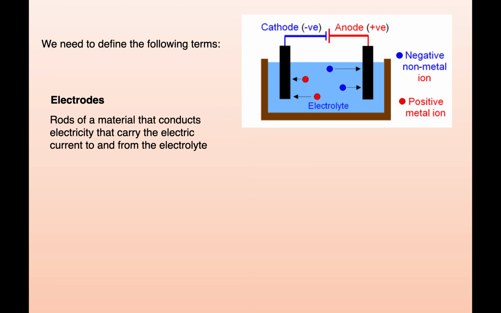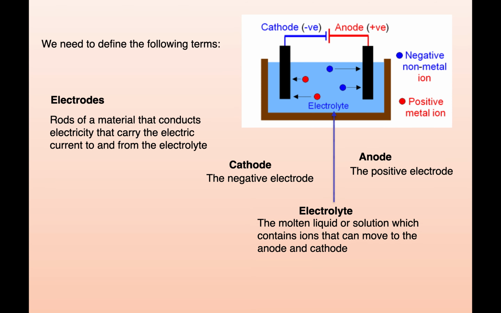The cathode is the negative electrode, and the anode is the positive electrode. Now you can see that from this cell, this side is the positive side, isn't it? So this is the anode. This side is the negative side, so this is the cathode.